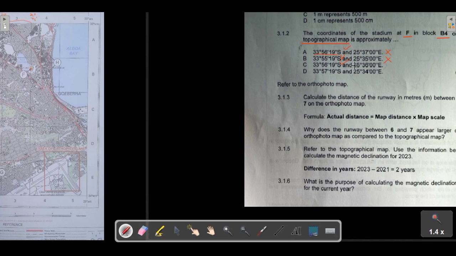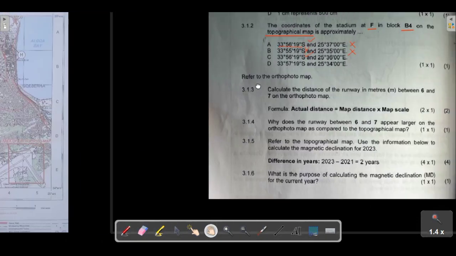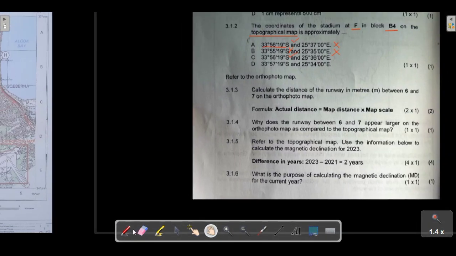And then let's look at our longitude, 25 degrees 36 minutes. There we go. We actually got 36 minutes. So yes, these are both correct. So we'll have to go with C. And I'm looking at D, it has 57 minutes, so this is incorrect.